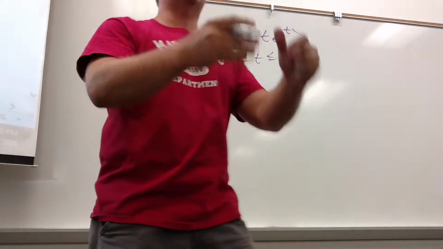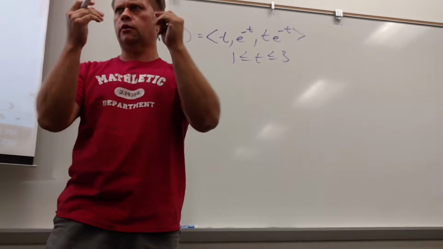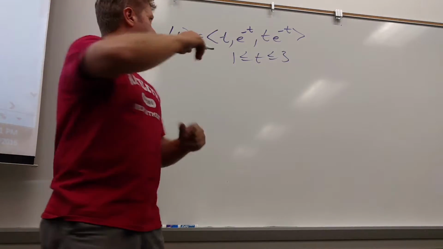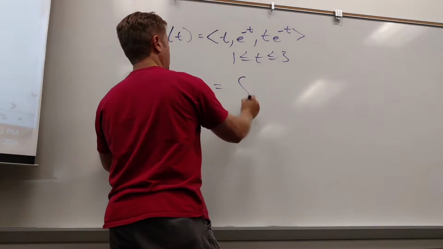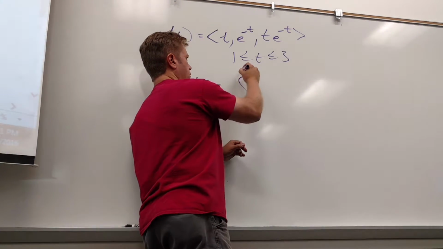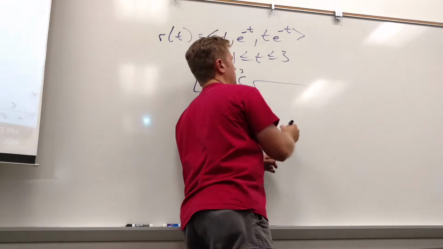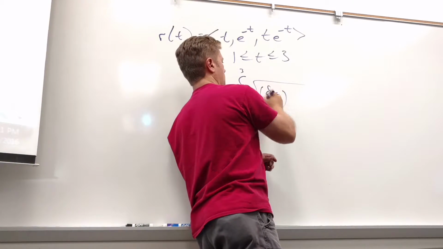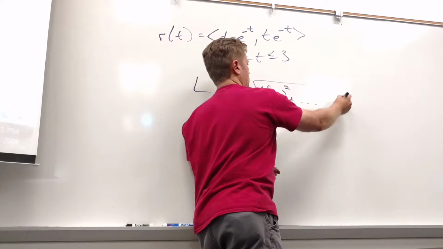So what's the formula for arc length? Integral of the square root of dx/dt squared plus dy/dt squared. So in this case, it'll be 1 to 3 square root of dx/dt squared plus dy/dt squared. Okay, I like it.